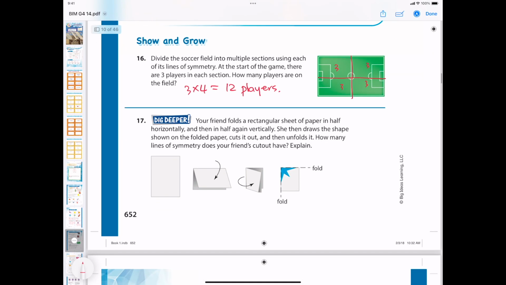Alright, number 17. Your friend folds a rectangular sheet of paper in half horizontally and then in half again vertically. She then draws the shape shown on the folded paper, cuts it out, and then unfolds it. How many lines of symmetry does your friend's cutout have? Explain. I want you to try by yourself, okay.